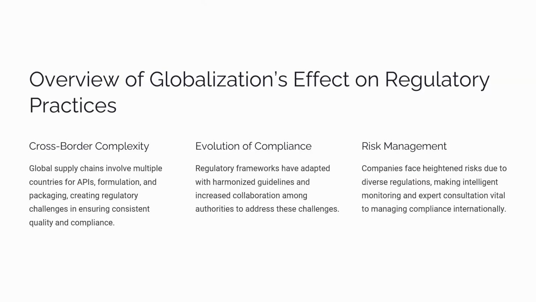So, if a marketing authorization holder is based in Germany and is getting the manufacturing done in Norway, there will be different regulatory challenges that they will face, because in Germany they are following different guidelines and in Norway they are following certain different guidelines.